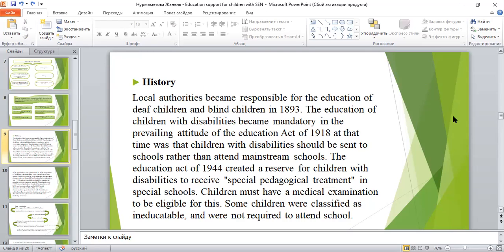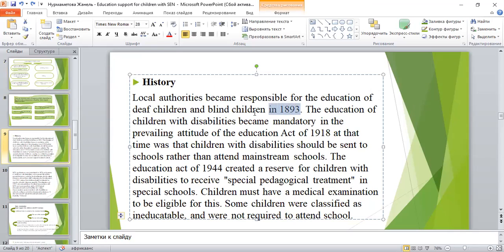Yes? Okay, now you have to learn to remember the years: when local authorities became responsible for the education of deaf children and blind children, and this year, 1918, when the education of children with disabilities became mandatory, in the prevailing attitude of the Education Act. At that time children with disabilities should be sent to schools rather than attend mainstream schools.